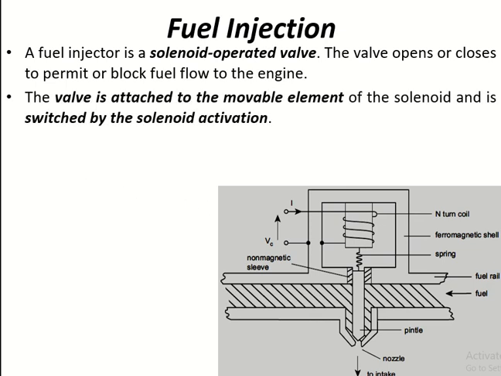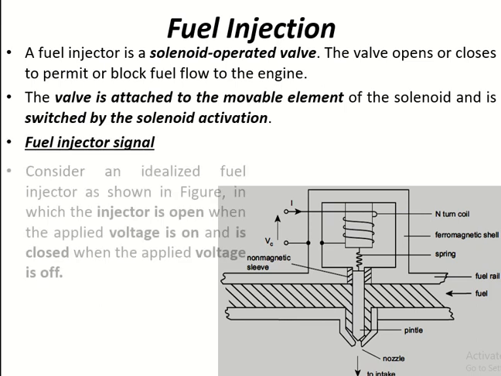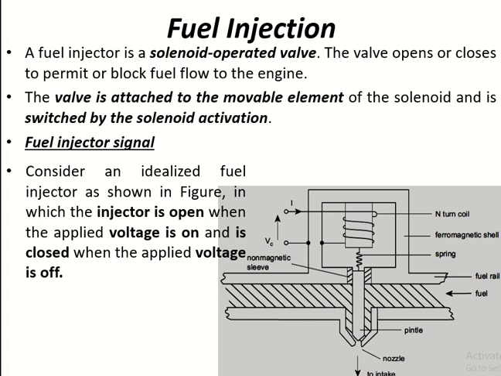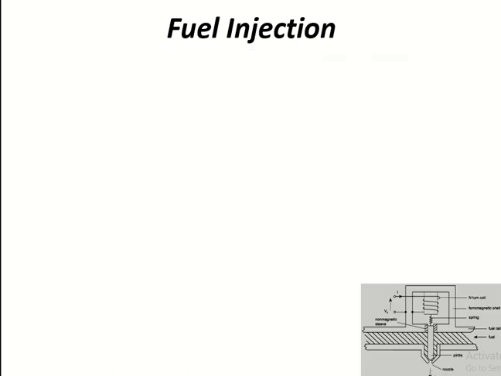The valve is attached to the movable element of the solenoid and is switched by the solenoid activation. Consider an idealized fuel injector as shown, in which the injector is open when the applied voltage is on and closed when the applied voltage is off.